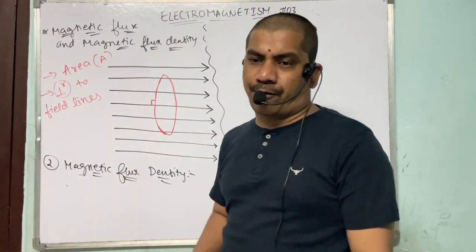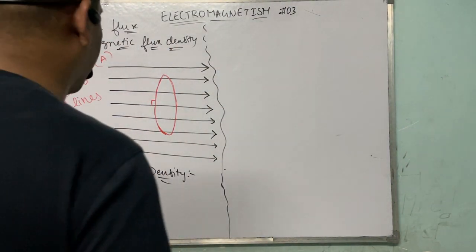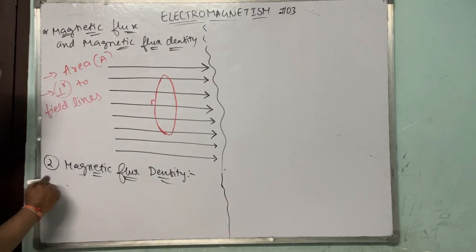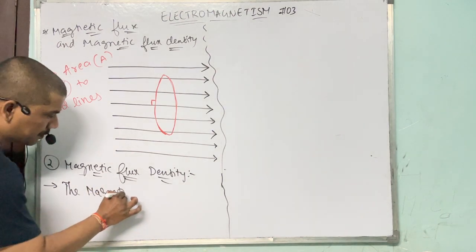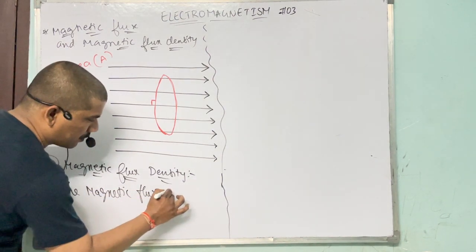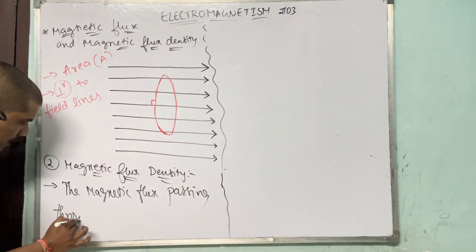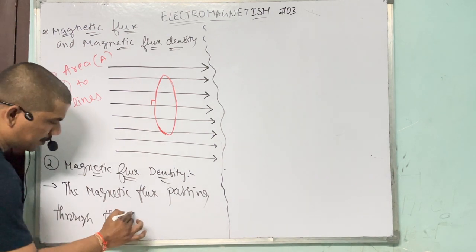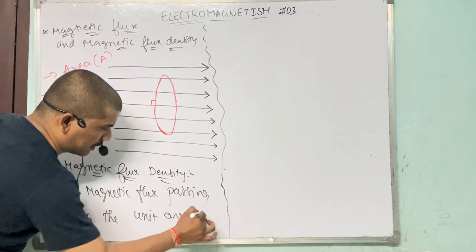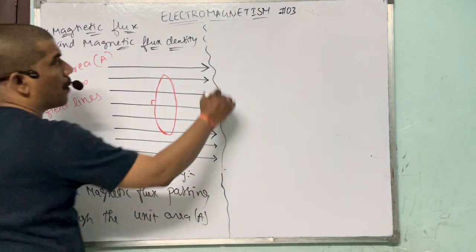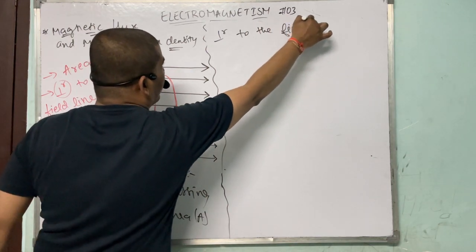See, the magnetic flux passing through the area, through the unit area, we should call it unit area A, perpendicular to the field or field lines.